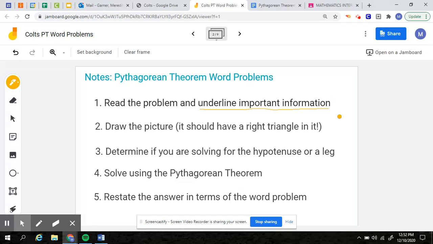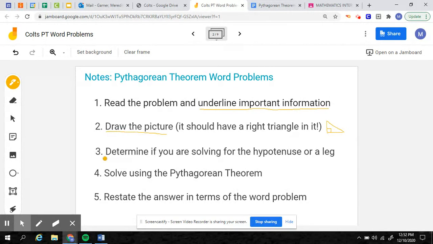Which numbers are we going to be using from that word problem? The second thing is you want to draw the picture. So this picture will help you understand what this problem is asking and how you're going to solve it. Remember, because we're using the Pythagorean theorem, your picture should somehow have a right triangle in it. Okay, so we know if we're going to use the Pythagorean theorem, we're going to have a right triangle somewhere.